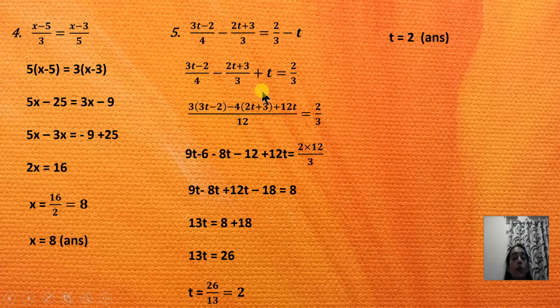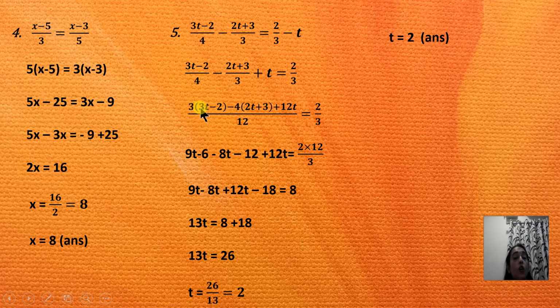Now first we open these brackets, and at the same time I take this 12 to the other side. Here it is in the denominator and there it will be multiplied, that is, on the right hand side it will be multiplied. So let's do both these steps simultaneously. 3 into 3t is 9t and 3 into minus 2 is minus 6.